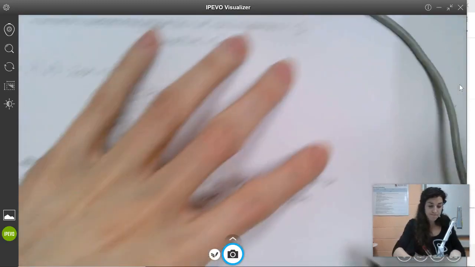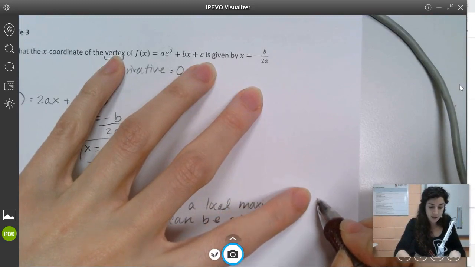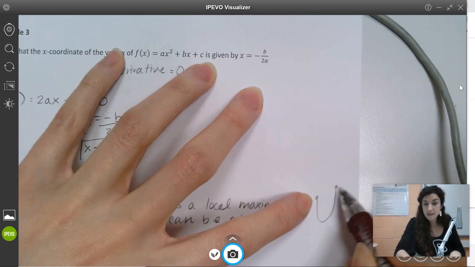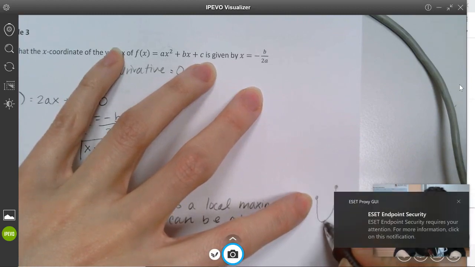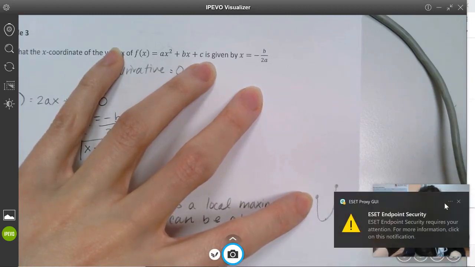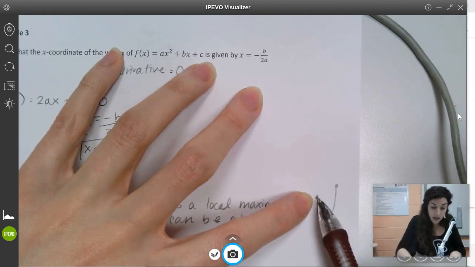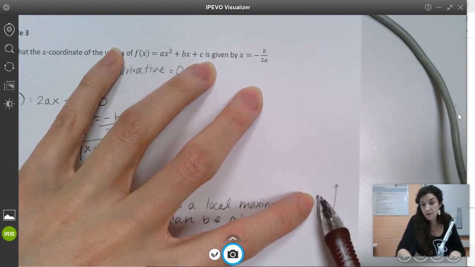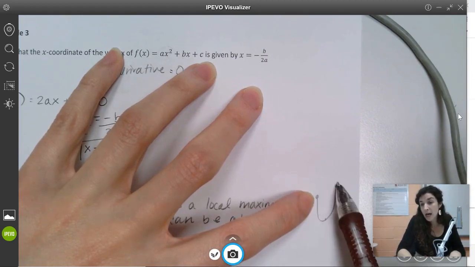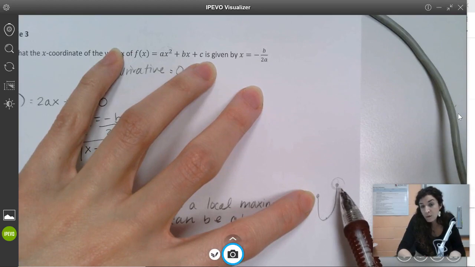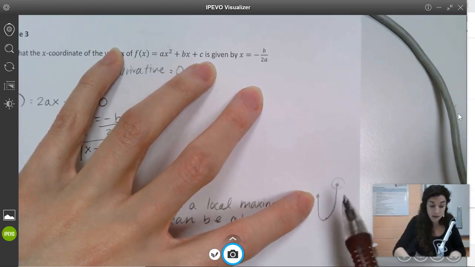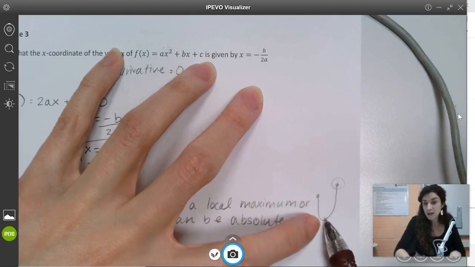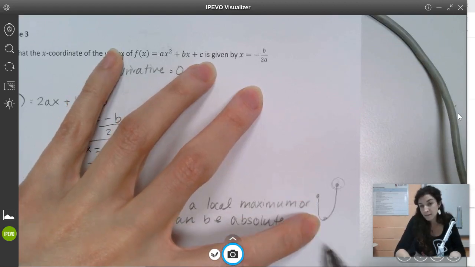When you have a domain restriction, let's say for instance this, it's a parabola, but you have distinct endpoints. You have a minimum, but your endpoints then create this idea of a maximum, right? You have two different endpoints and one happens to be higher than the next, well then that would be your absolute maximum. But you have two relative maxima, and one minimum, which would be your absolute minimum.